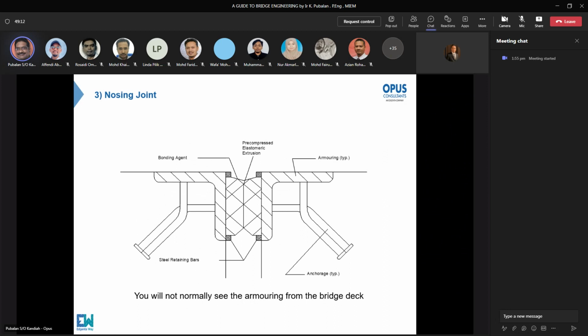This is a mechanical joint. It's a nosing type. You have a rubber in the center, and you have some steel angles and steel members cast into it. These joints can be chosen for larger gaps, which is 50 mm or 60 mm or 80 mm.